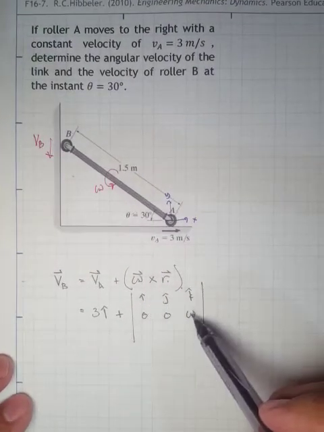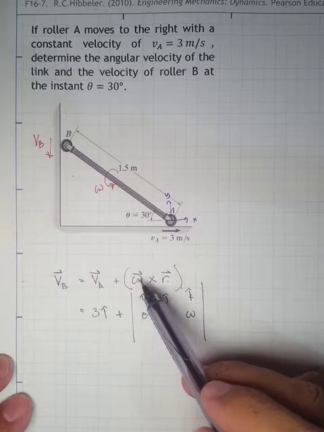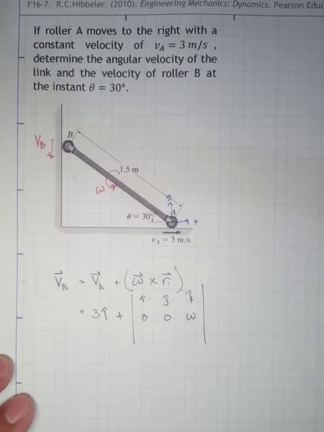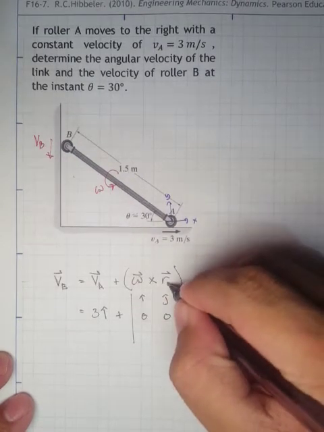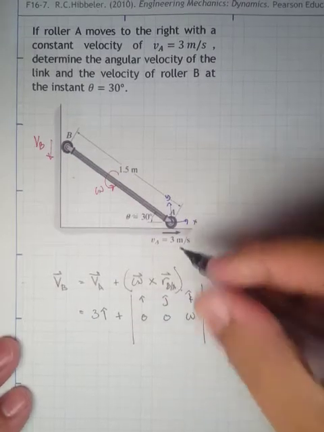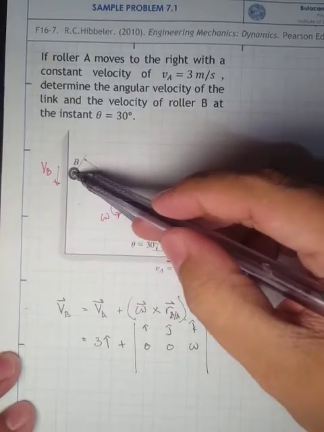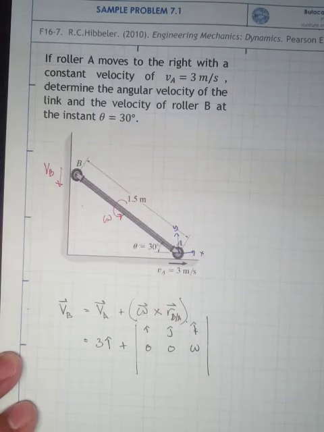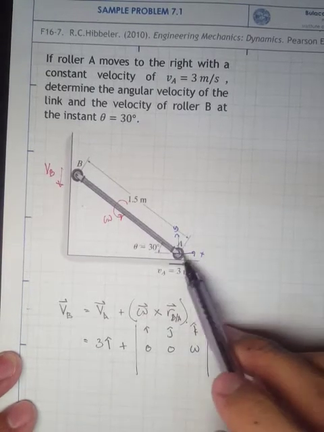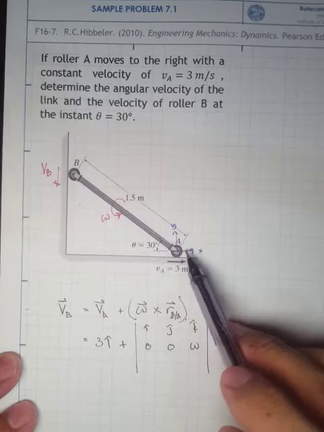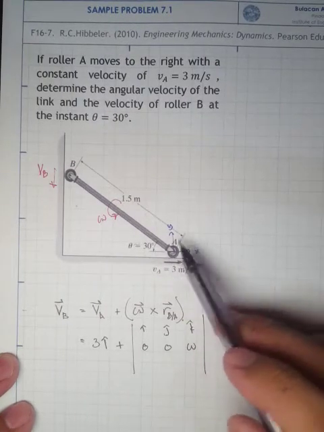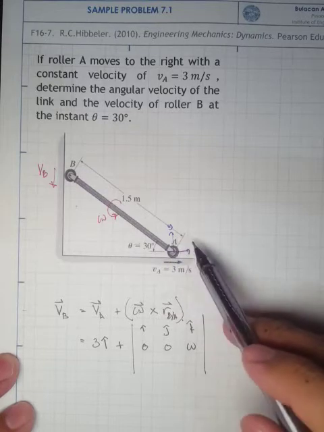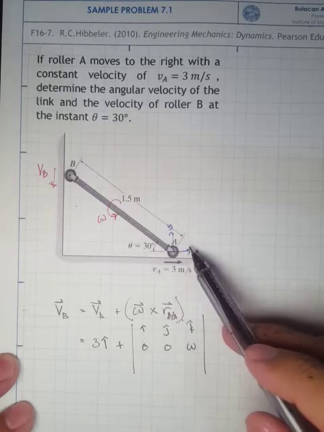So since this is a cross product of the angular velocity and the position vector, take note that this position vector is the position of B relative to A. So what is this position of B relative to A? That is actually the reason why I put this coordinate system, because it's the same thing when you draw in CAD programs.